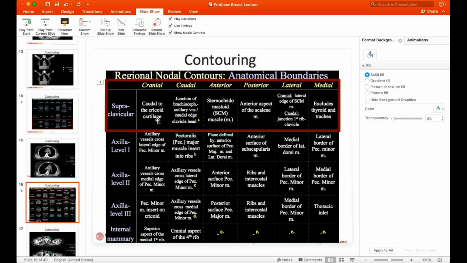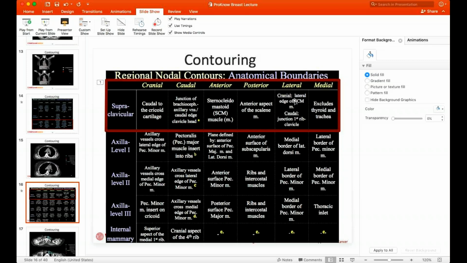So supraclavicular lymph nodes, the cranial border is just below where the cricoid cartilage ends. The inferior border usually is at the bottom of the clavicular head. Anteriorly, it's limited by the sternocleidomastoid muscle. Posteriorly, the scalene muscle.